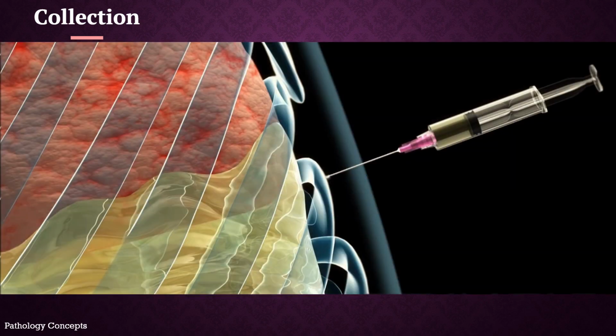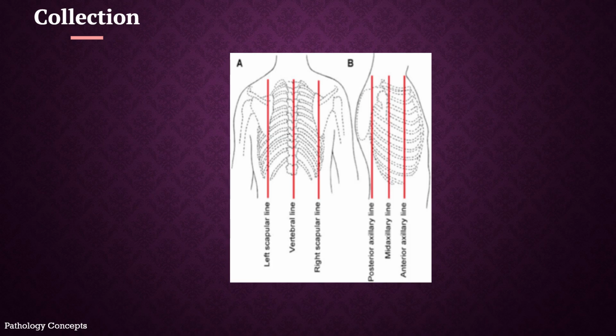The procedure of thoracocentesis is invasive. The safety of the procedure is improved when performed under direct ultrasound guidance. The preferred site is on the affected side, in either the mid-axillary line if the procedure is performed in a supine position, or the posterior mid-scapular line if performed in the upright or seated position.